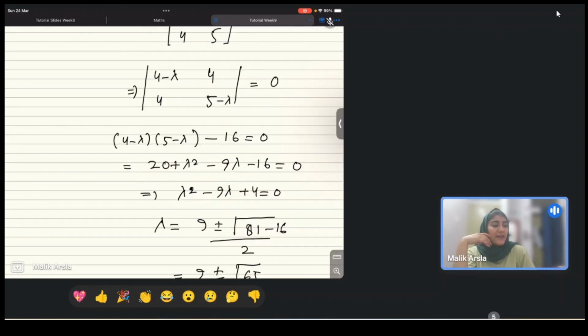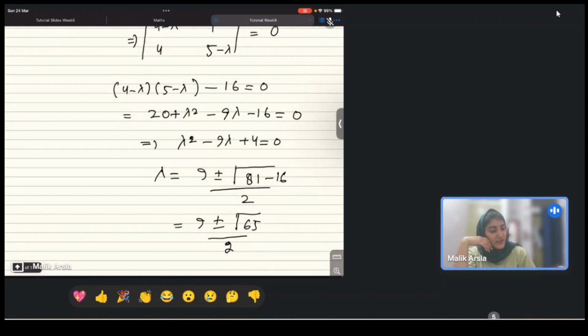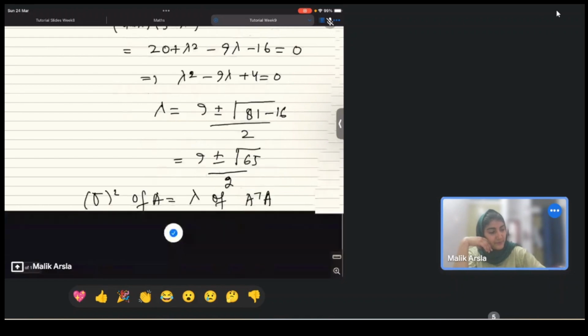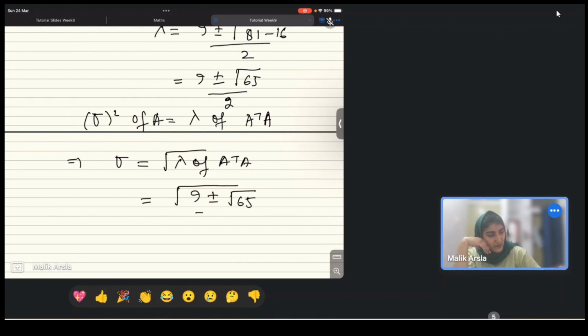Now these are the eigenvalues of A transpose A, and we know that singular values squared, sigma square of A, is equal to lambda of A transpose A, right? From here we can write that the singular values are equal to the under root of lambdas of A transpose A. So it will be nothing but under root of 9 plus minus under root of 65 upon 2, all under root.